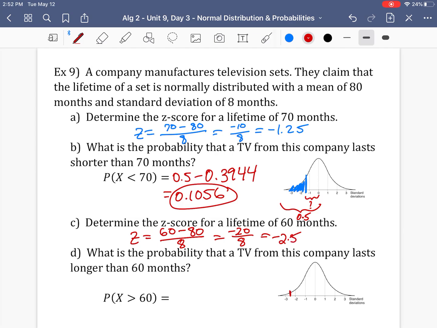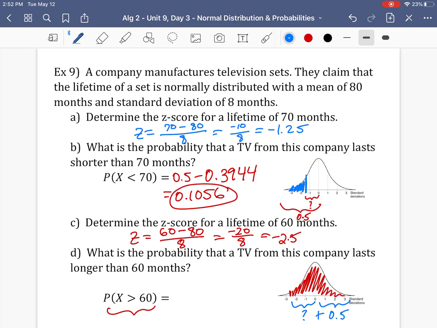What's the probability that a TV from this company lasts longer than 60 months? So that means I need everything past it, to the right of it. So that's why you see greater than 60. All right, so my chart is going to give me from this spot to the middle. And then I know that this other part is worth 0.5. So I will just add those up.